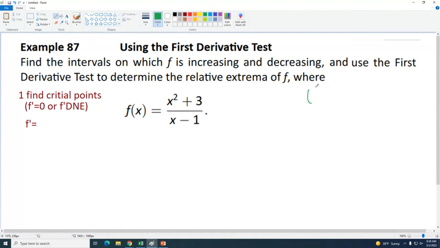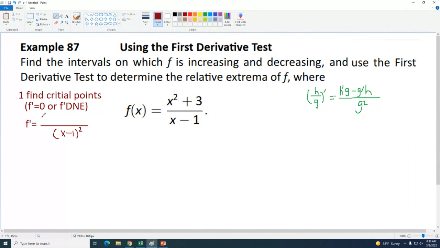Quotient rule says if you have a division, h over g, to find the derivative you would square the denominator, and differentiate the numerator times the denominator, minus differentiate the denominator, multiply the numerator. For our case, we'll square the denominator, which is x minus 1 squared, and multiply the derivative of the numerator.